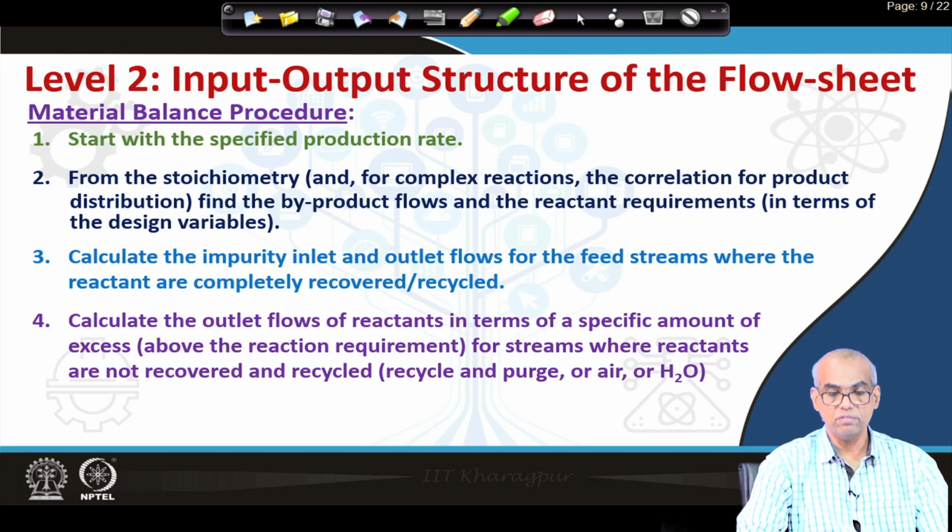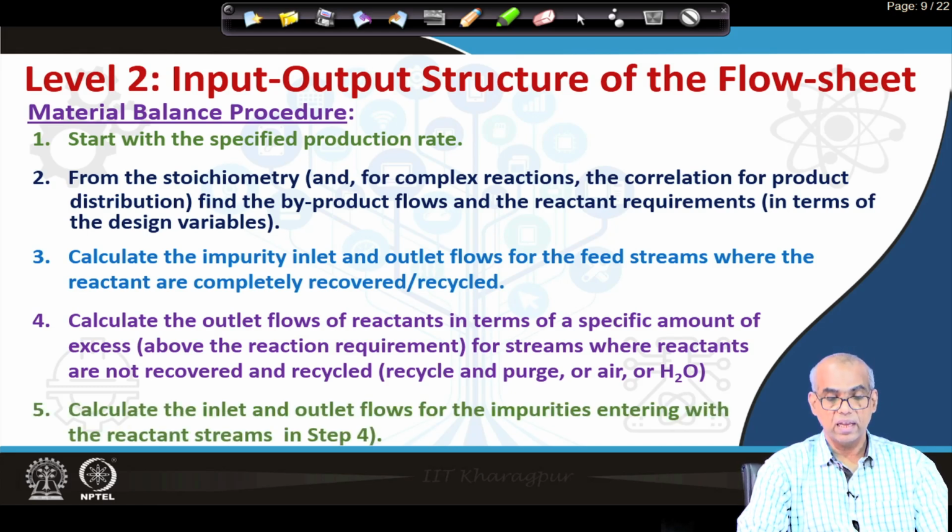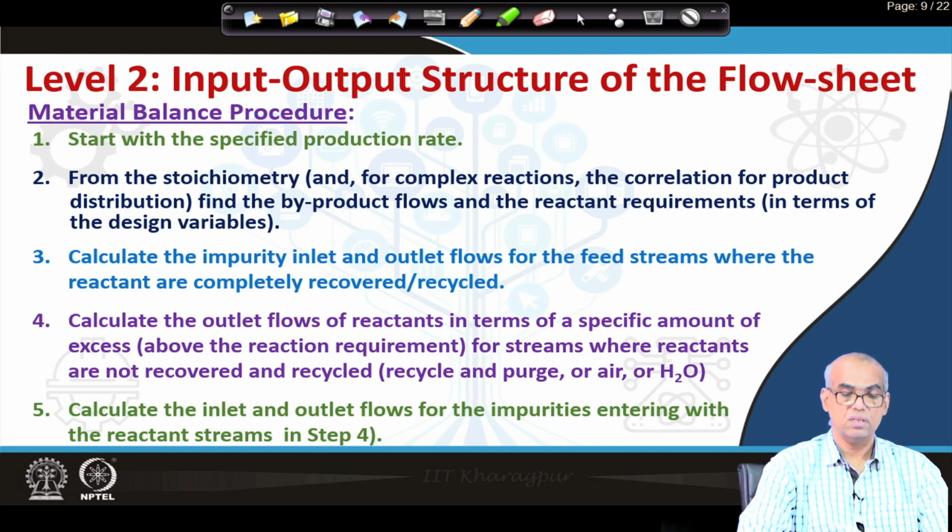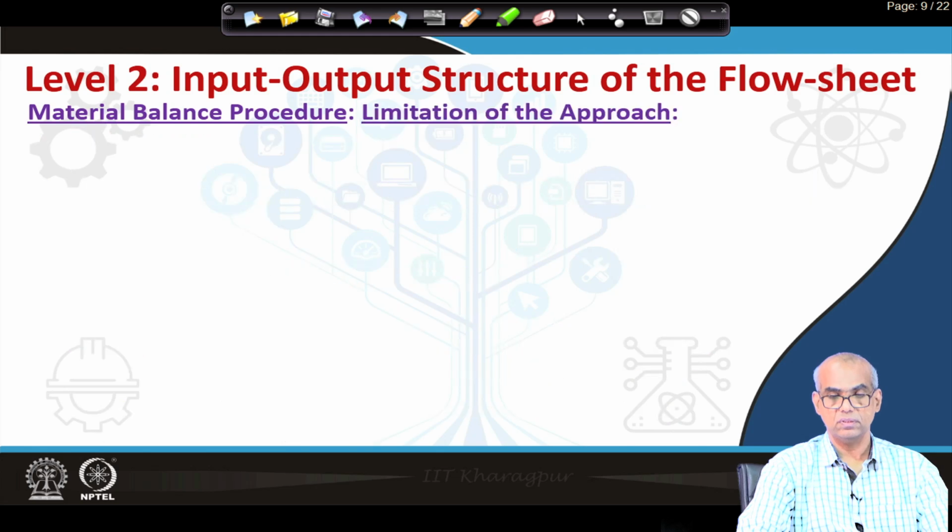Next, calculate the outlet flows of reactants in terms of a specific amount of excess for streams where reactants are not recovered and recycled. Calculate the inlet and outlet flows for the impurities entering with the reactant streams in the previous step 4. So, this is the procedure. Now, let us take the example of the HDA process and develop the material balance.